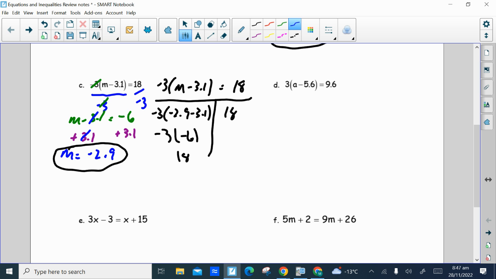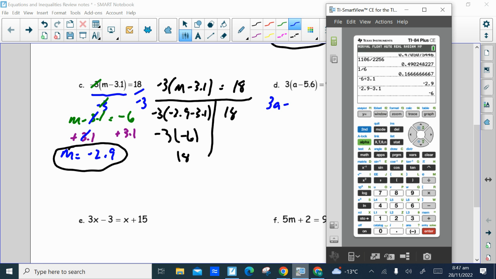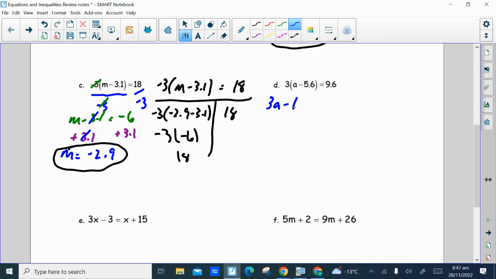Okay. Question D, we could do that by dividing both sides by 3. But let's do this one by multiplying out the brackets. When you multiply everything inside the bracket by the 3 in front, you're going to have 3 times negative 5.6, which is negative 16.8.